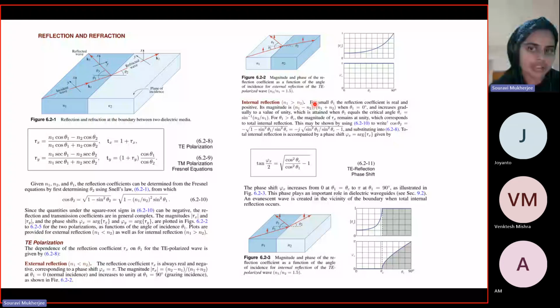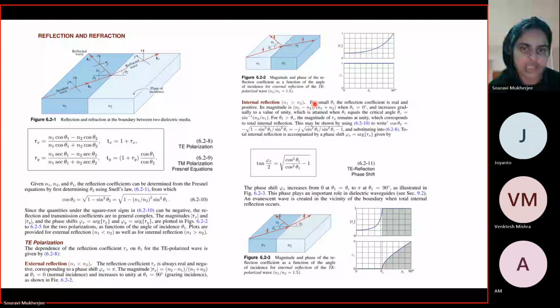Okay. But what we are more concerned about is internal reflection, because that is what matters for our transmission through waveguides, where N1 is greater than N2. Again, if you put theta 1 to be 0, you would get an expression like this. And gradually, as you increase theta, your value increases. So you're again working with this expression.